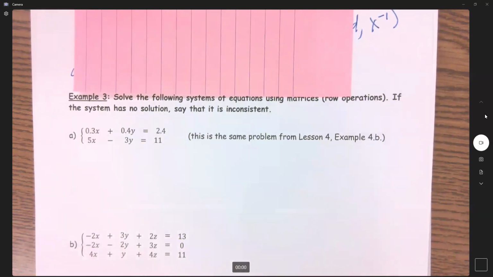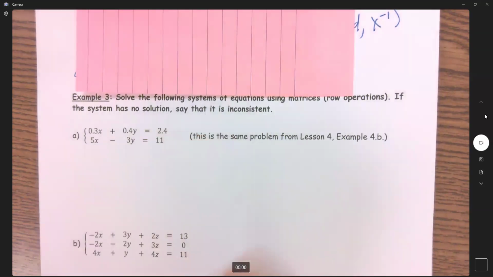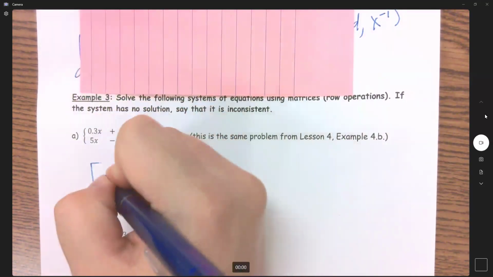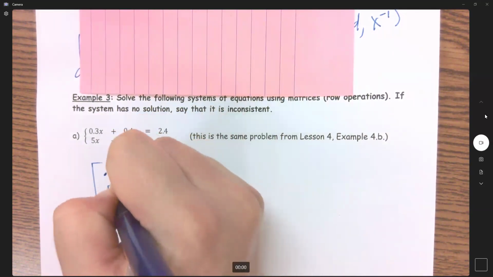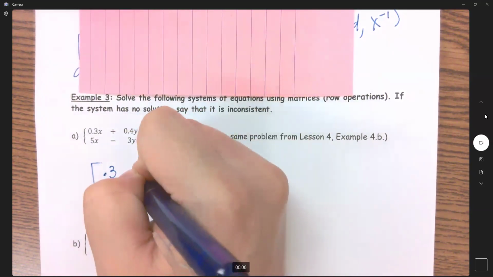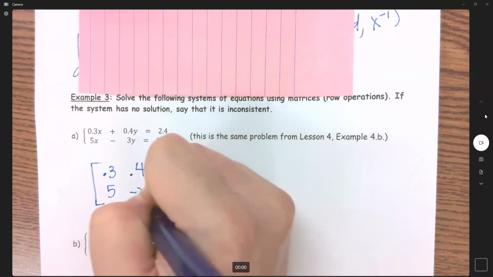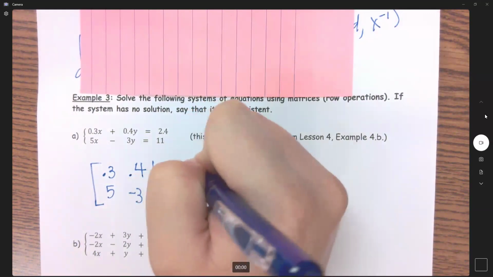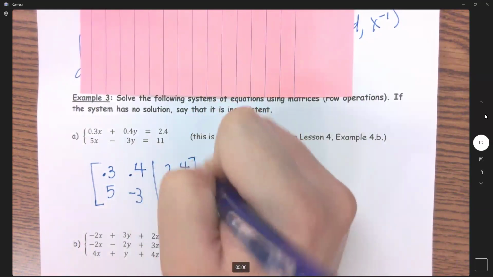So first thing I need to do is write my augmented matrix. So my x is 0.35, my y is 0.4, -3. Here's my bar for my equals, and then 2.4 and 11.